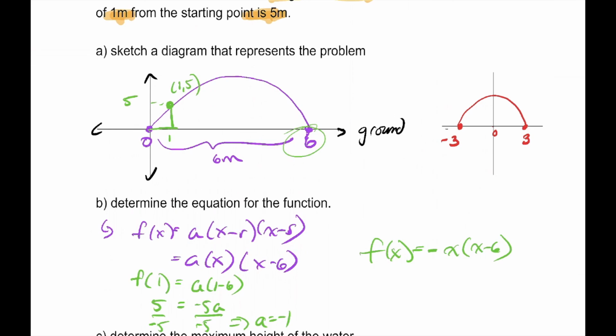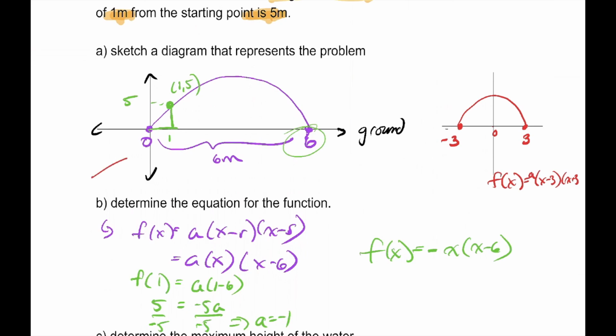Notice that here I get a very different equation, that here f of x is going to be x minus 3 times x plus 3 times a. It looks different, but we're going to get the same answer because just our perspective, or what x is relative to, is different.